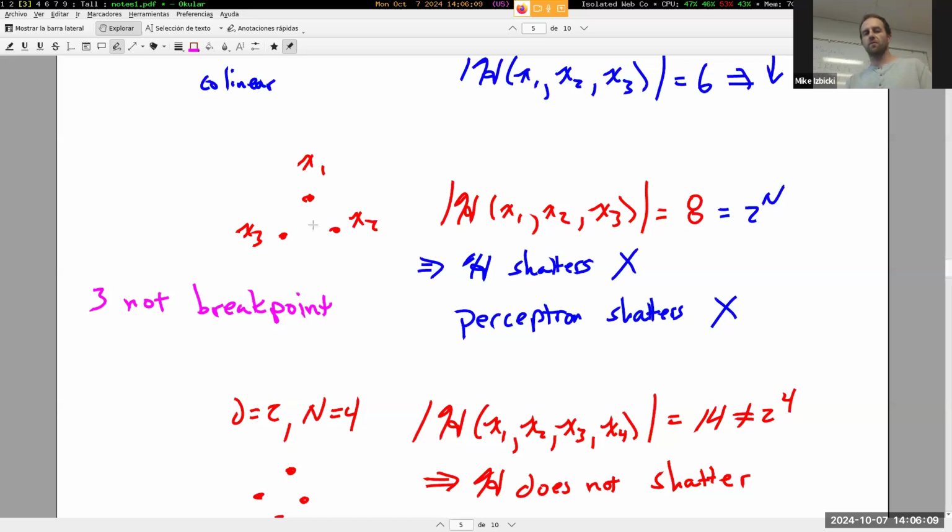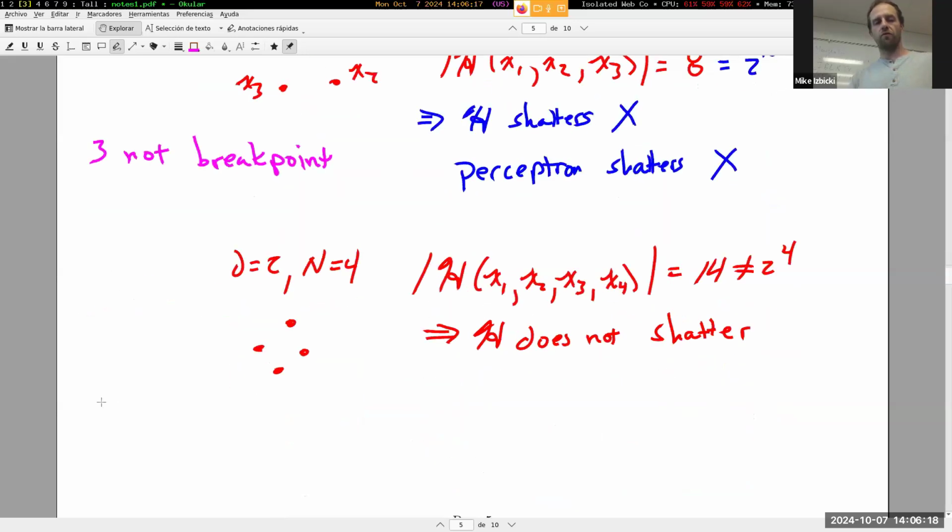Because this hypothesis class shatters this data set right here, which is of size 3, but 4 is a breakpoint. 4 is a breakpoint, and that's because there is no data set that is shattered by the perceptron in this case.